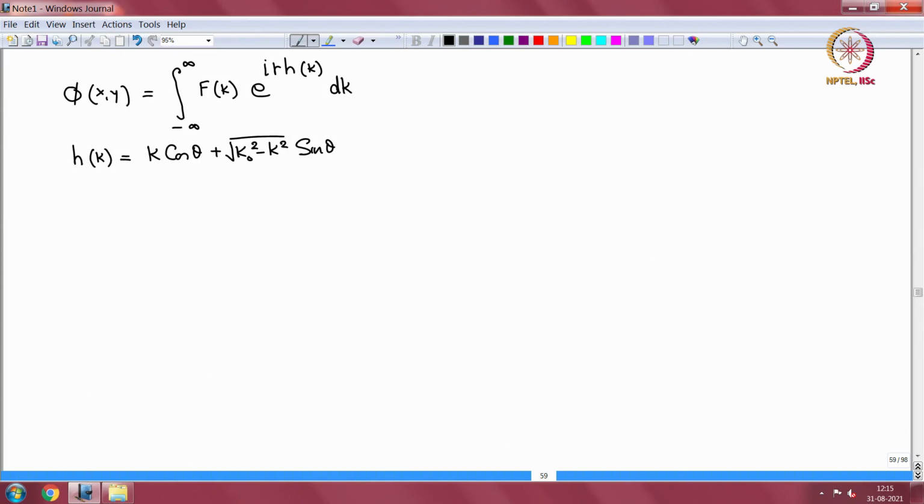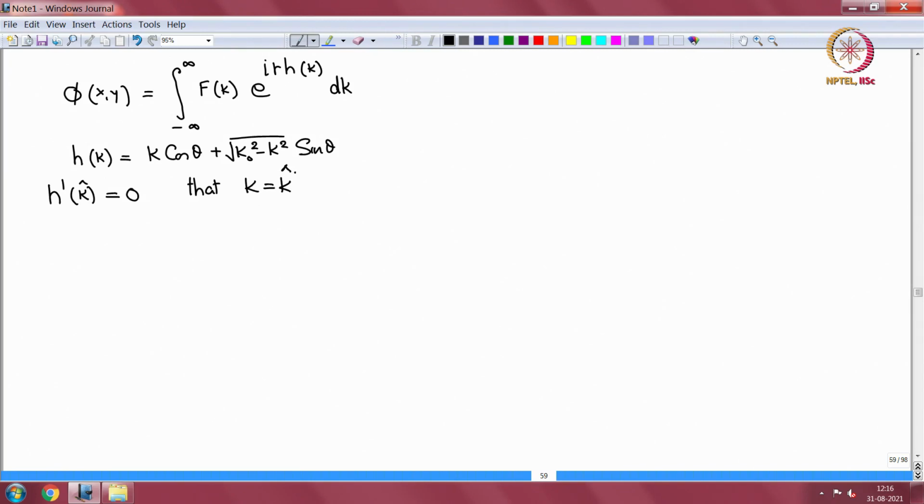Okay. So now we need to find a stationary phase point, that means a point where h dash of k is equal to 0. We need to find that k value. We'll call it k hat, the k value where h dash of k hat is 0.